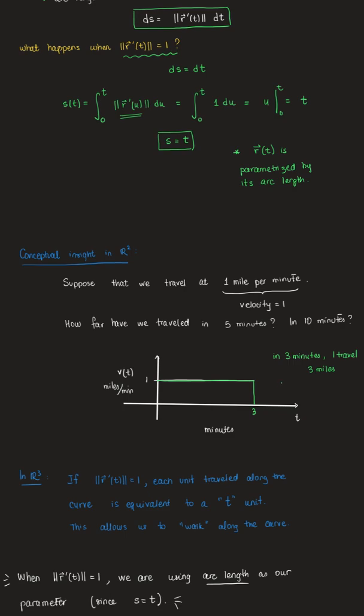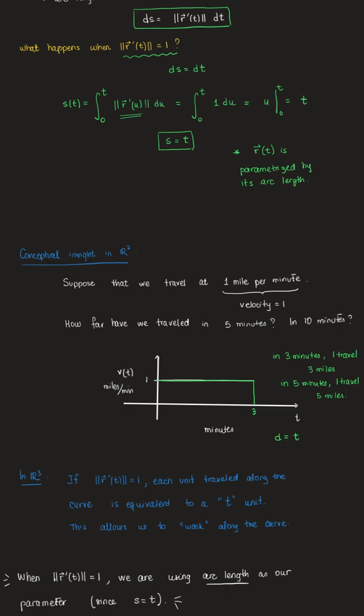So I'm going to write that down. In 5 minutes, I travel 5 miles. So that means the distance that I'm traveling equals the time over which I'm traveling at a rate of 1 mile per minute.